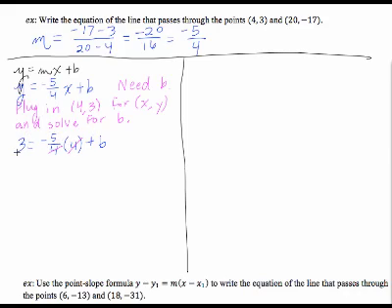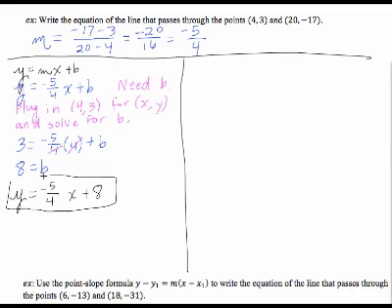Well, if you add 5 to both sides, you get 8 equals b. So that's nice. Okay, so now we have it. The equation then is y equals mx plus b, negative 5/4 x plus 8. So that's the equation of the line in slope-intercept form.